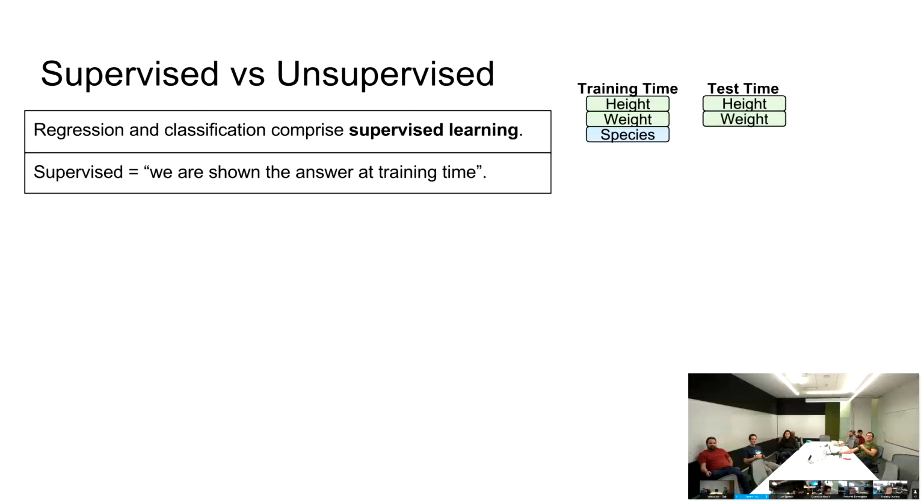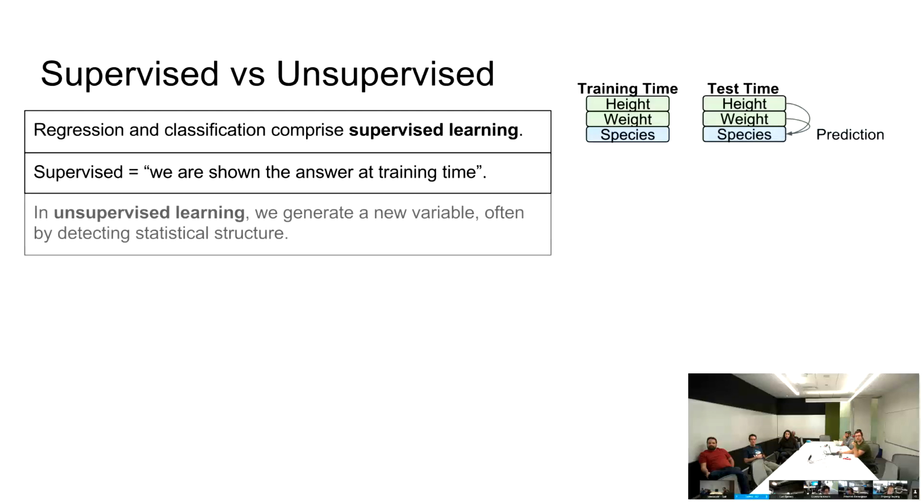All right, so supervised learning is we're shown the answer at training time. So the basic idea is that at training time you have this extra column, at test time you don't, and at test time you try and recreate the column that you saw previously. In contrast, unsupervised learning generates a new variable de novo, often by doing fancy statistics.